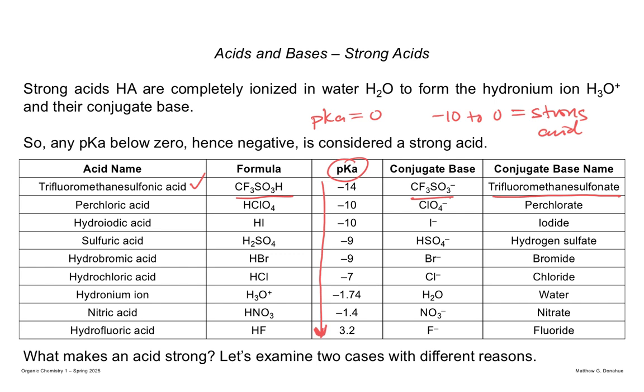Then, running down the list, you've seen perchloric acid in Gen Chem, hydroiodic, sulfuric, hydrobromic, hydrochloric. There's hydronium right here. Nitric, hydrofluoric. We consider all those as strong acids.